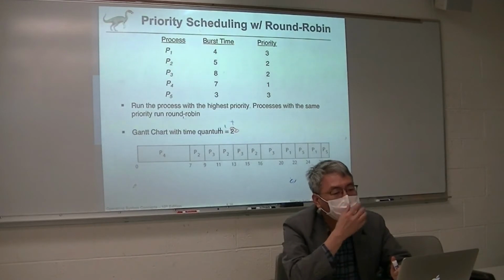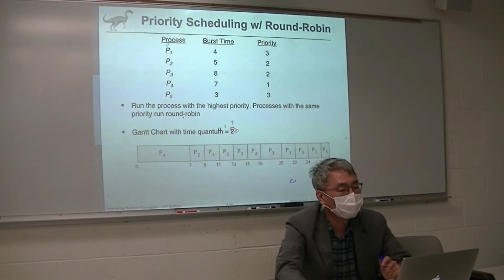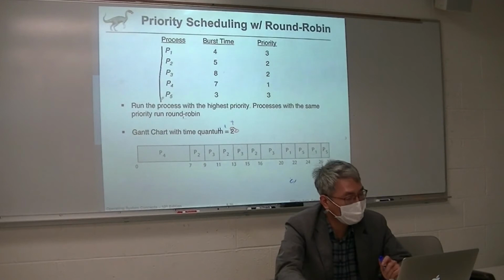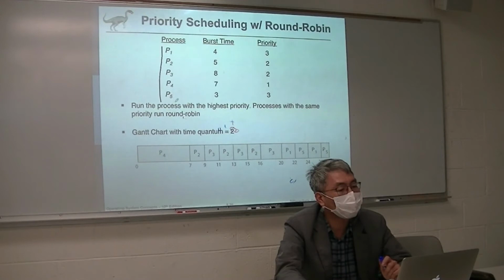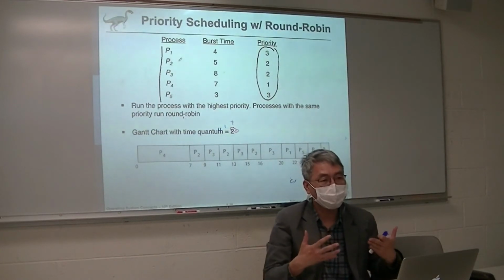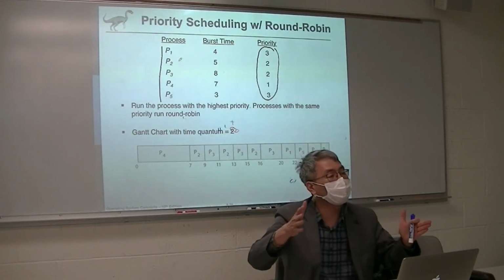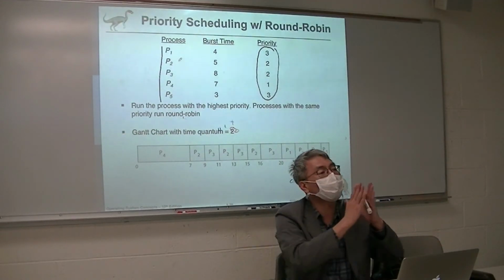You can combine such priority scheduling with round robin. Okay, so you have the list of processes by arrival time. If we are using round robin, P1, P2, P3, P4, P5 will be selected. But if we have priority, we are going to take turns by priority. Instead of arrival, because round robin implicitly uses arrival time to order, we can use the priority for the order.